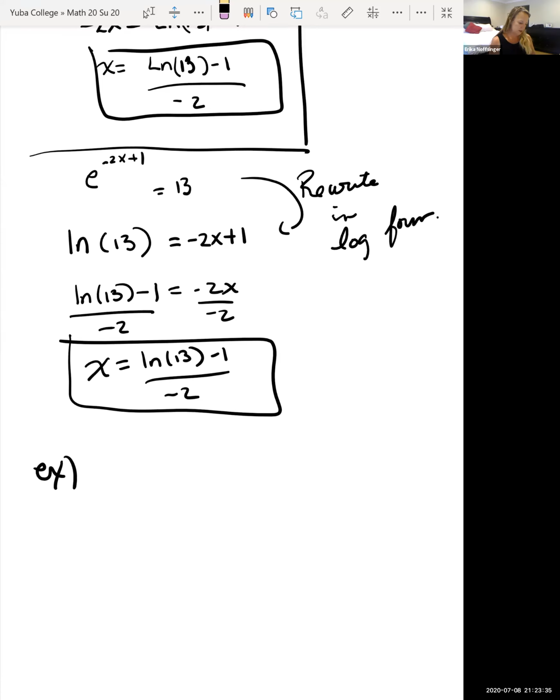Okay, so let's go back to those properties and just be able to rewrite them. So if you had log base 2 of 1 over x plus log base 2 of 1 over x squared, and this says write each expression as a single log.